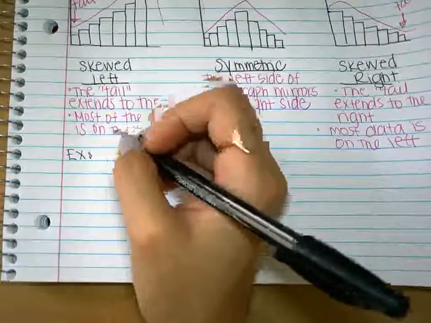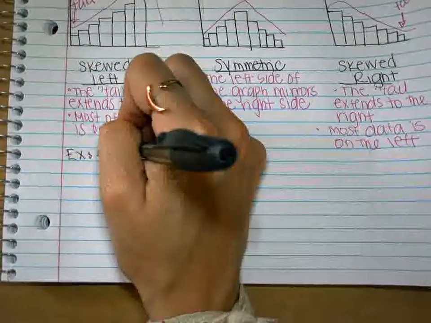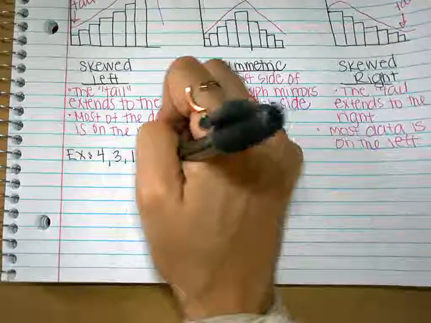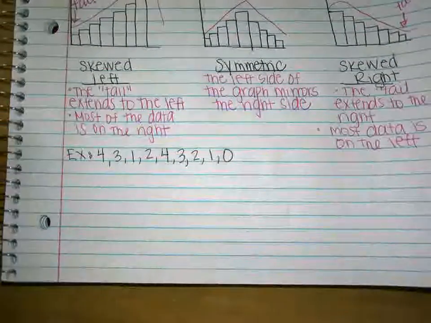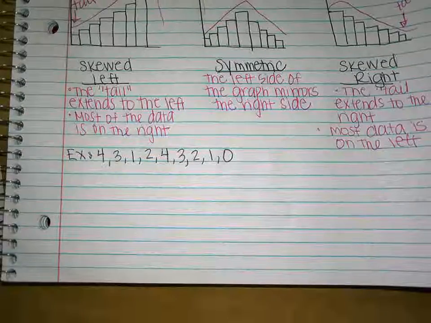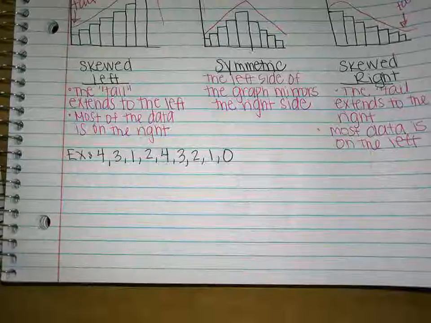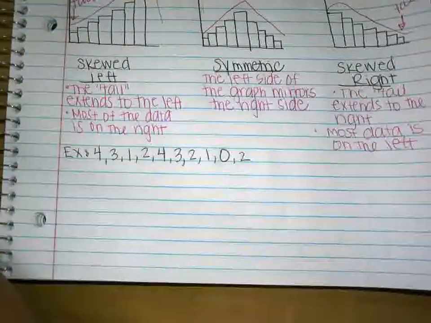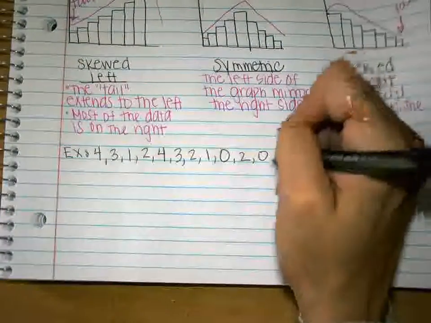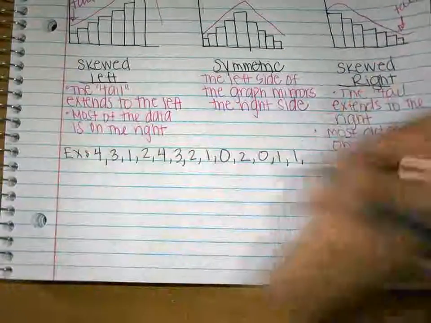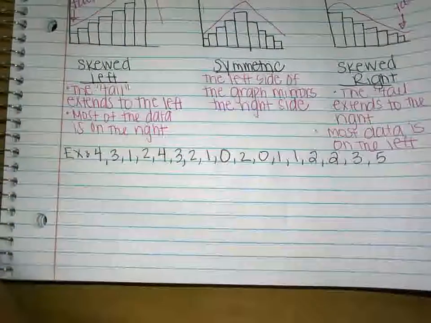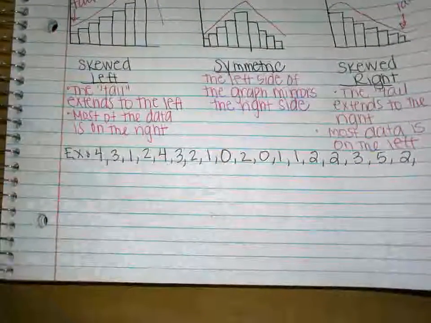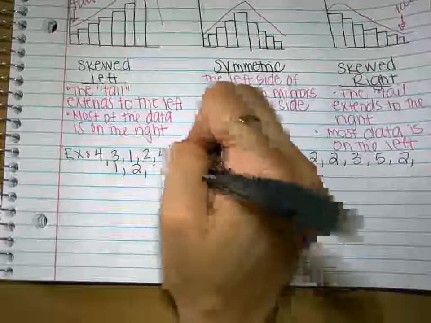You'll be given a set of numbers like 4, 3, 1, 2, 4, 3, 2, 1, 0, 2, 0, 1, 1, 2, 2, 3, 5, 2, 1, 2, 3, 1, 1.